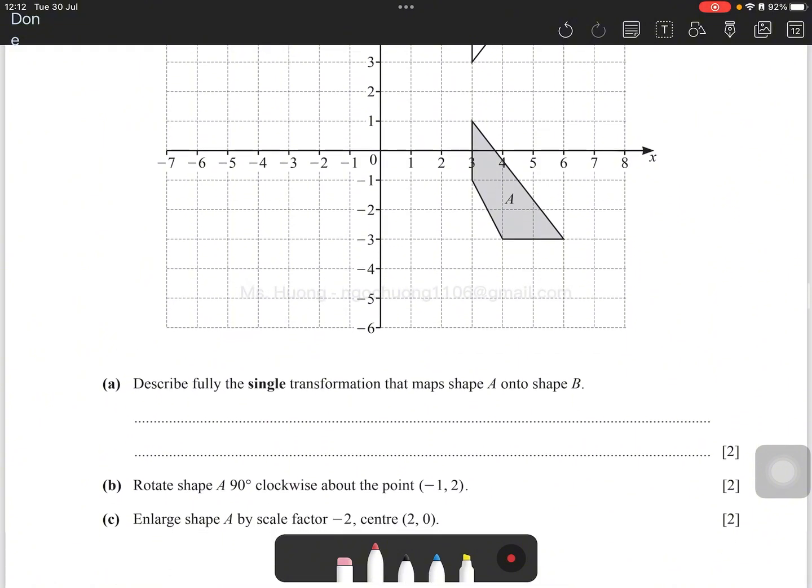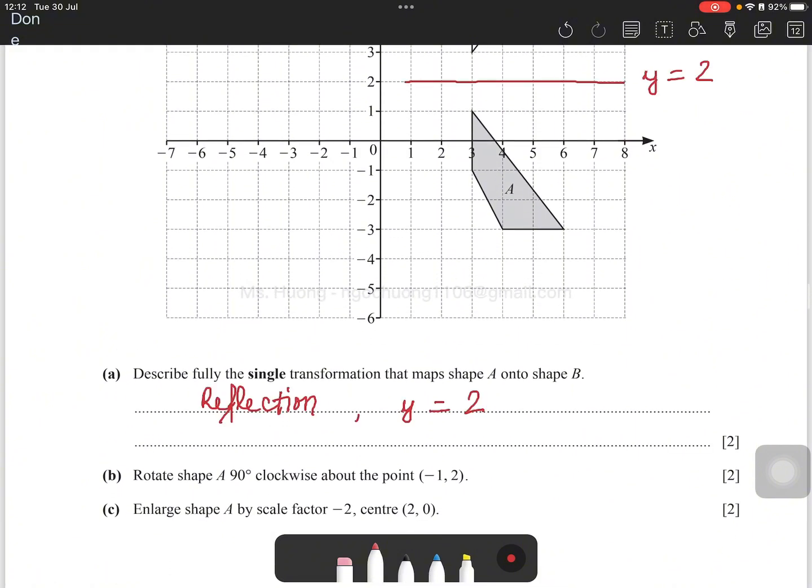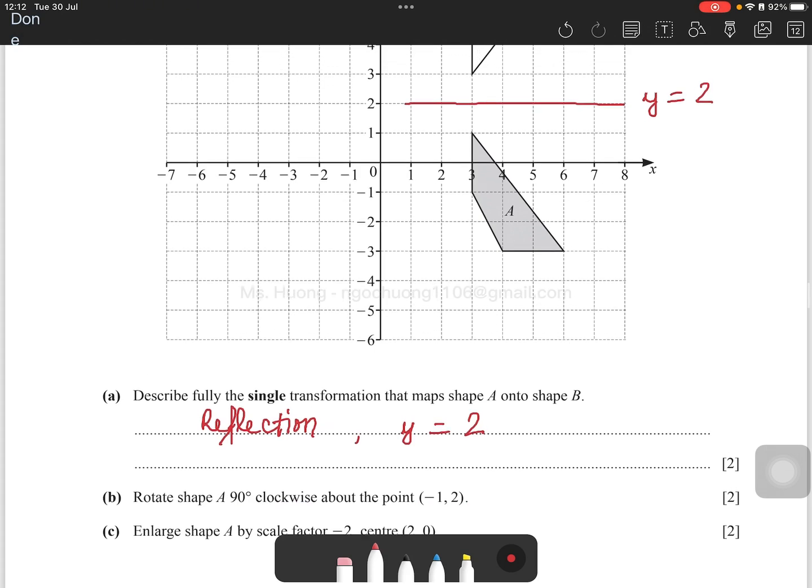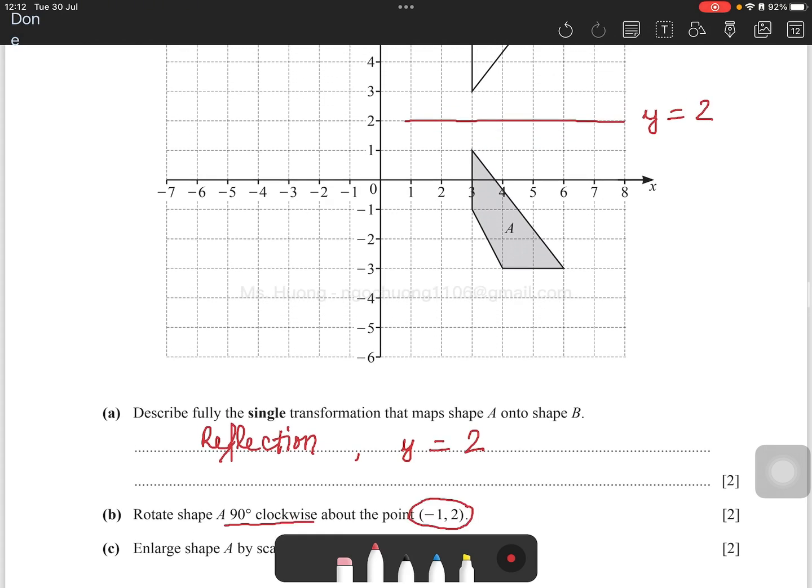B. Rotate shape A 90 degrees clockwise about the point (-1, 2). First, we need to find the point (-1, 2). It is here. And now we'll rotate the shape A 90 degrees clockwise. So let's start from this vertex.